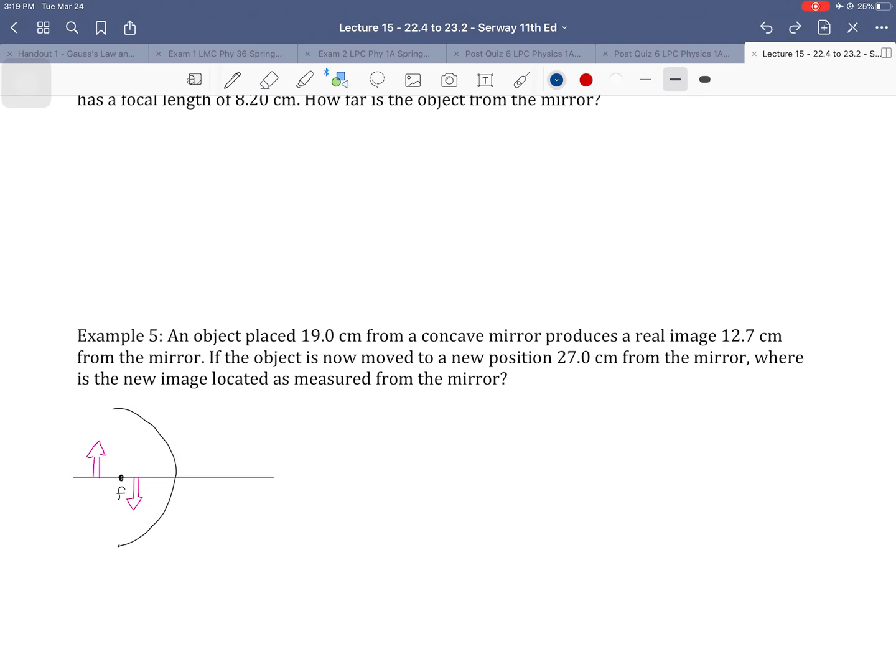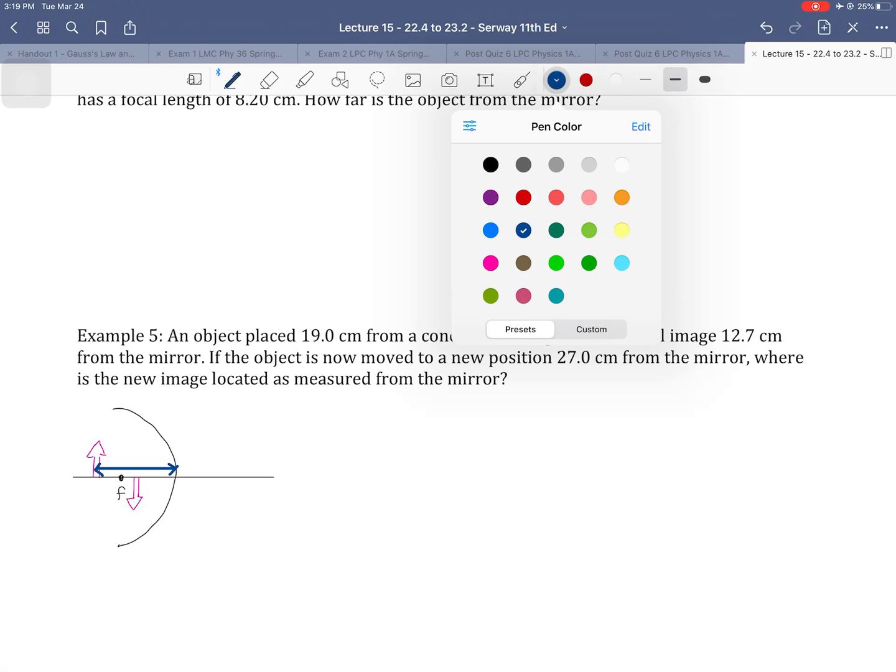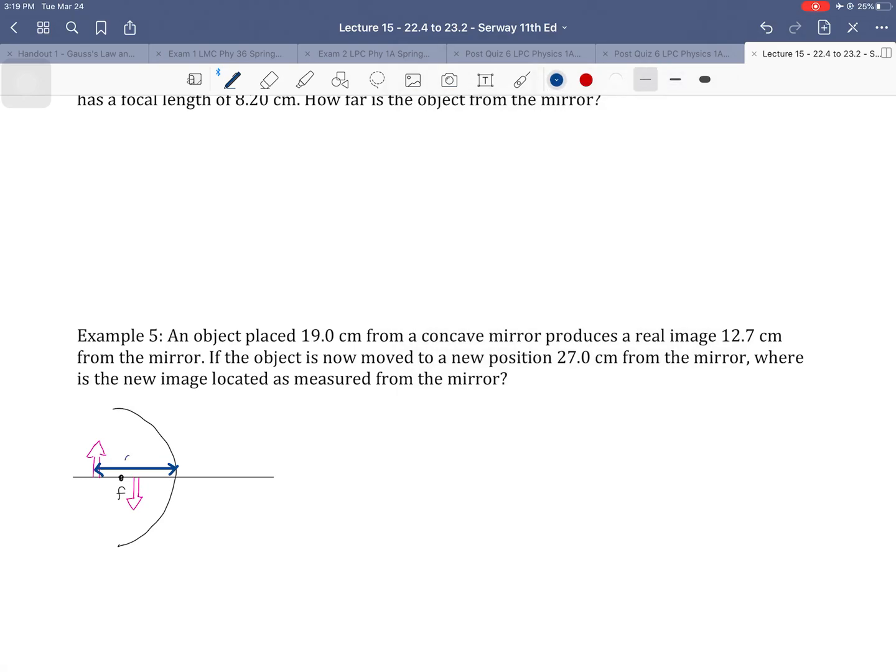Okay, so there we go. This here is s, and then here we'll have s prime. And how did I know to draw this image inverted? Well, I know because I was told that it's real, so it must be inverted.